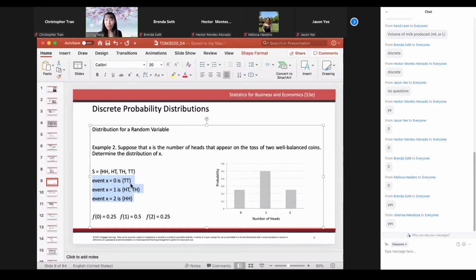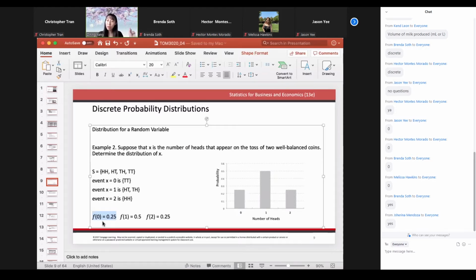And then let's figure out the probability. Here we see there is a total of 4 different outcomes, or a total frequency of 4. So 1 out of 4 translates to a probability of 0.25. And we write it as the probability of x equals 0, which is f of 0 equals 0.25. Make sure you understand the notation, because a lot of times people are not going to spell out everything.